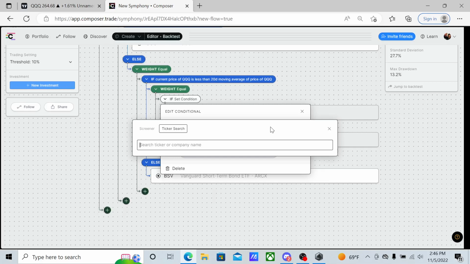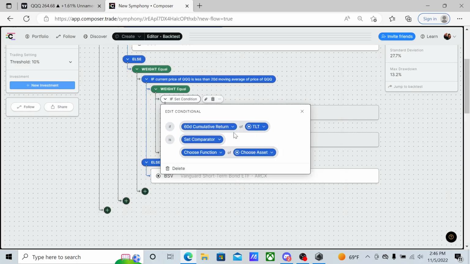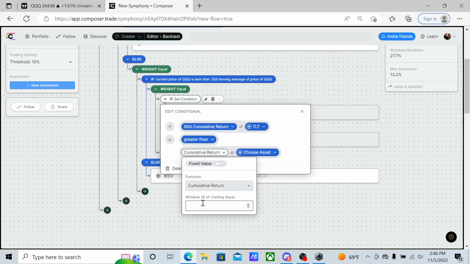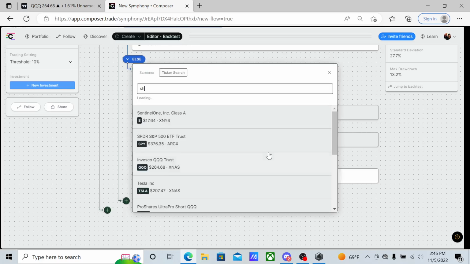So what you would do is, if the 60-day cumulative return of, let's just take the longest and the shortest, TLT, is greater than the 60-day cumulative return of, I could do BSV, but I think a lot of people in here like using SHY, so I'll go with SHY.